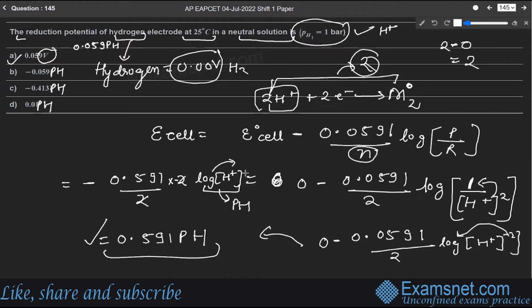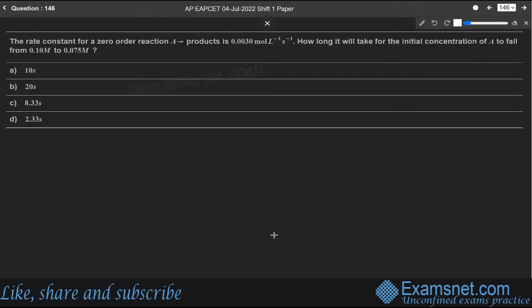Yes. So let's go to the next question. Now, again, a rate of reaction kind of question from chemical kinetics. Let's read this 146th question. The question states the rate constant for zero order reaction A giving product is 0.030.